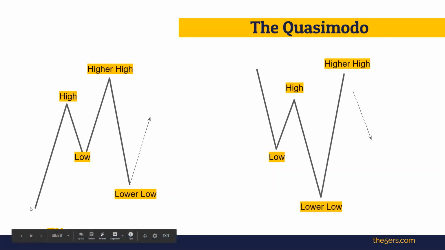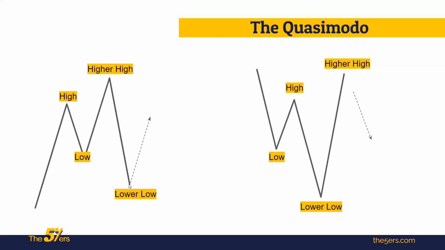The one for sell is where price is rallying, creating a high, and then creating a low, a retracement, and then making another breakout, taking all the breakout traders' stops and breaking a lower low.